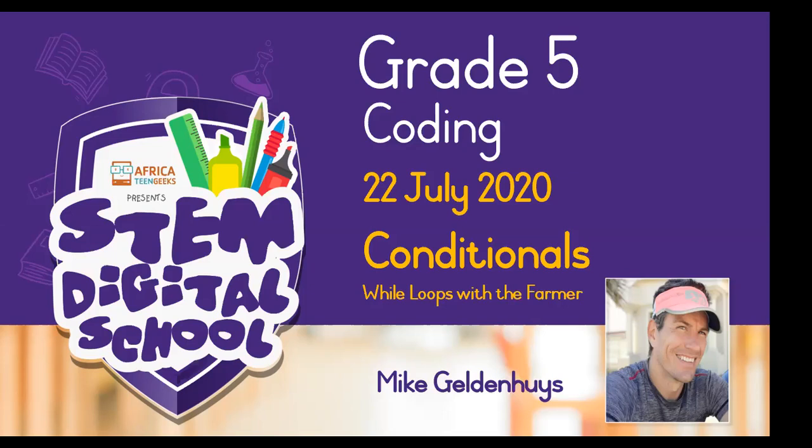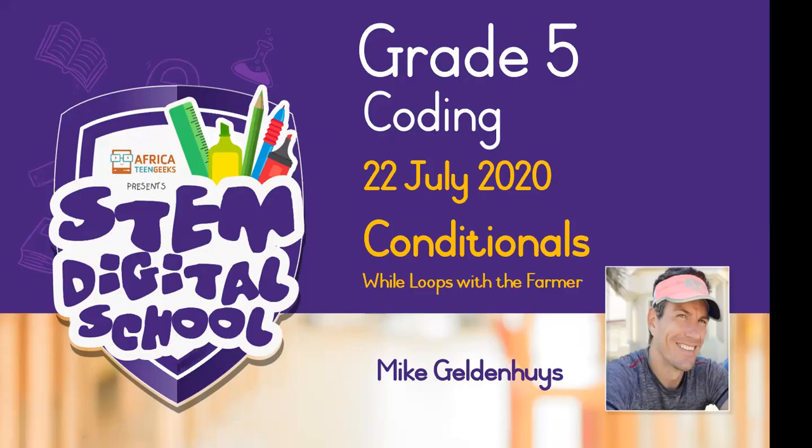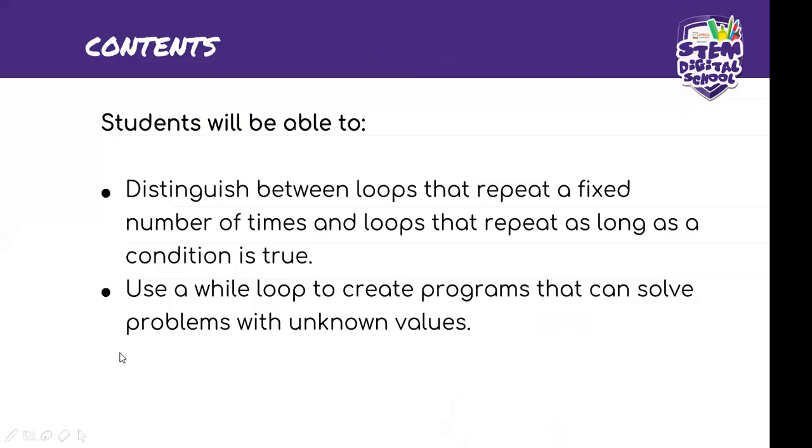Okay, so guys, let's move on to our second slide and see what today is all about. Our objectives for today are to distinguish between loops that repeat a fixed number of times and loops that repeat as long as a condition is true.